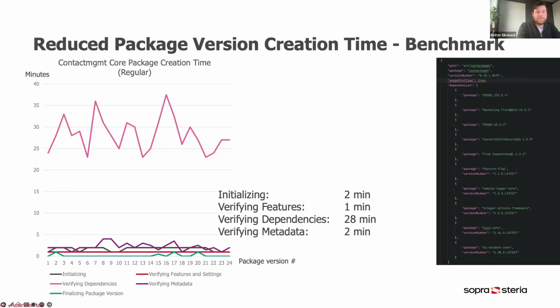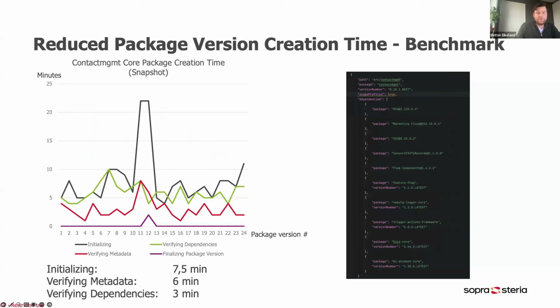And when instead using the snapshots, having all of these static dependencies installed, we reduce the verifying dependencies significantly, as we can see on these graphs, leaving initializing as the stage that takes the longest time.